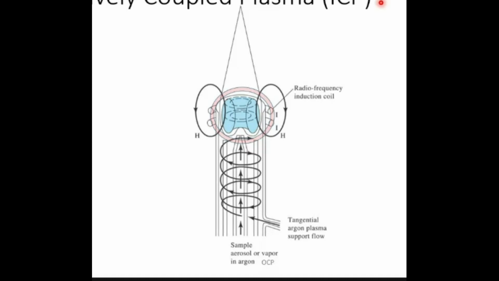Try to imagine that argon is now ionized, and these ions are interacting with that strong magnetic field. When that interaction occurs, that ionized argon will be forced to move within the vicinity of the induction coil at very high speed. So the argon ions will start to form a vortex-like structure.